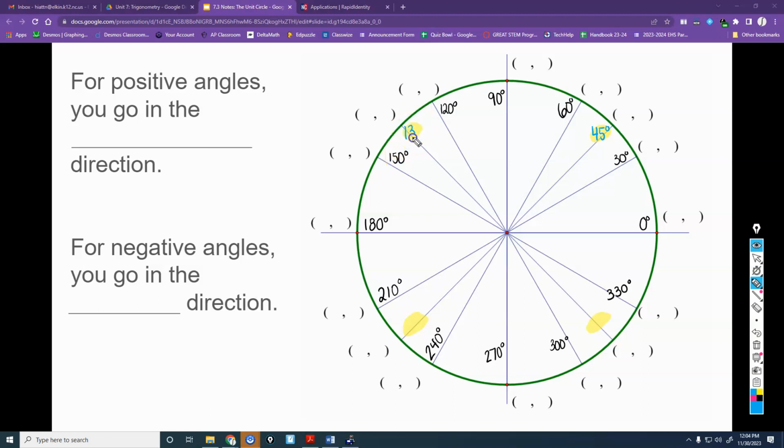That's going to be 135 degrees. This one is going to be 225 degrees, and this one is going to be 315 degrees. Everybody okay there?